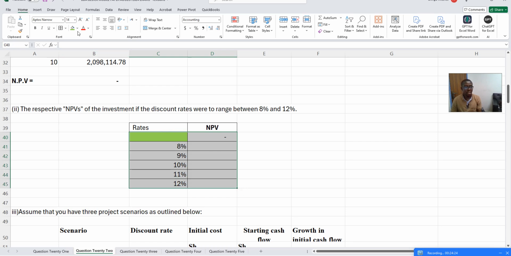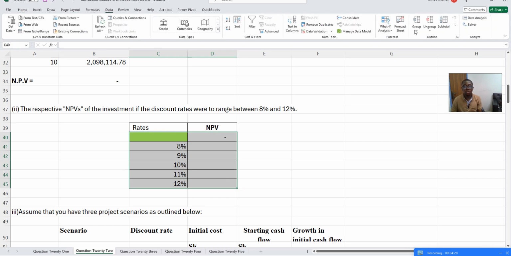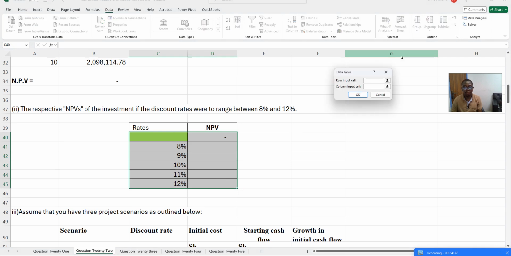You go to your data, come to what-if analysis, go to your data table. Our variable that is changing is only 1, and that is the rates. So how have we arranged our rates? We've arranged them in a columnar format.